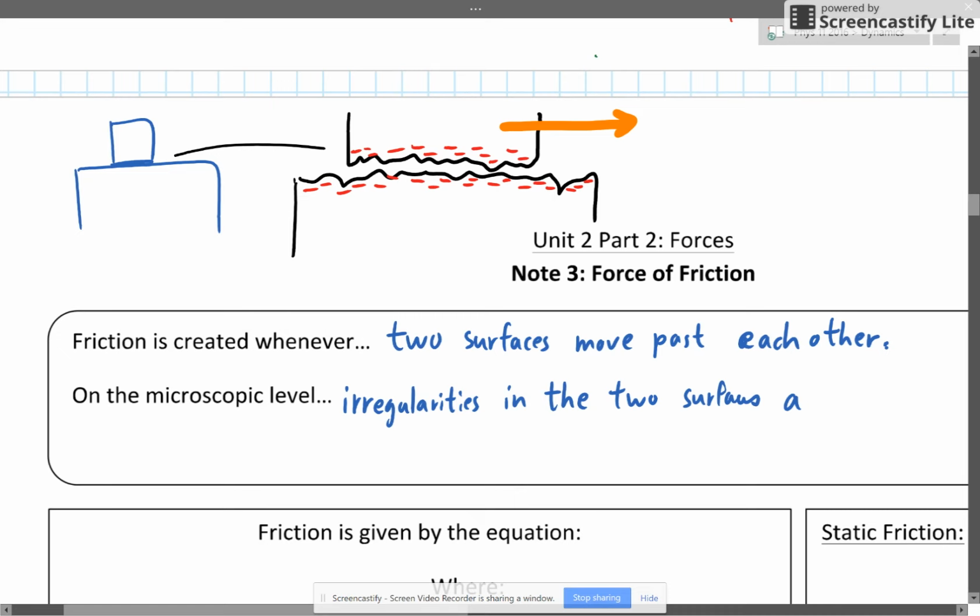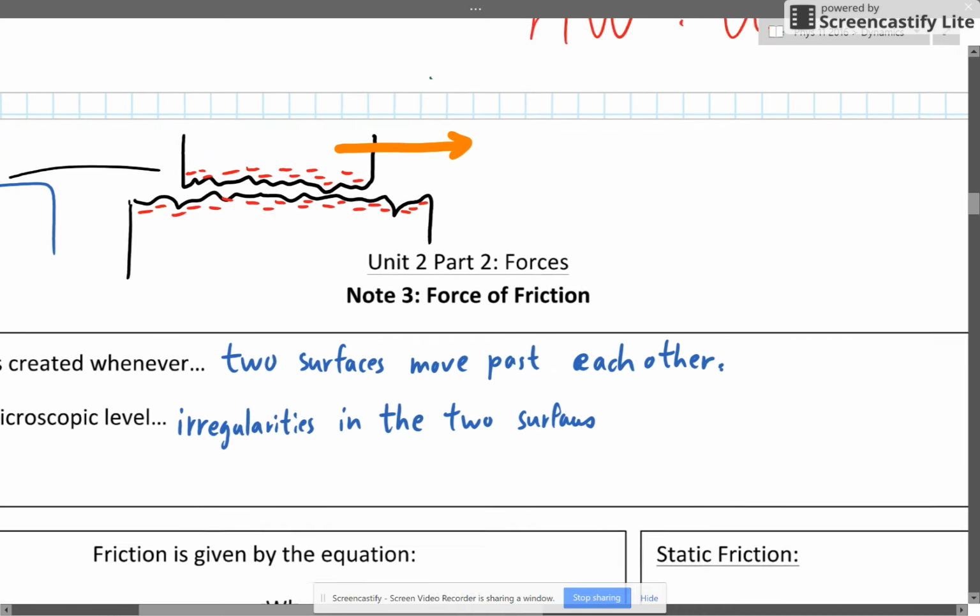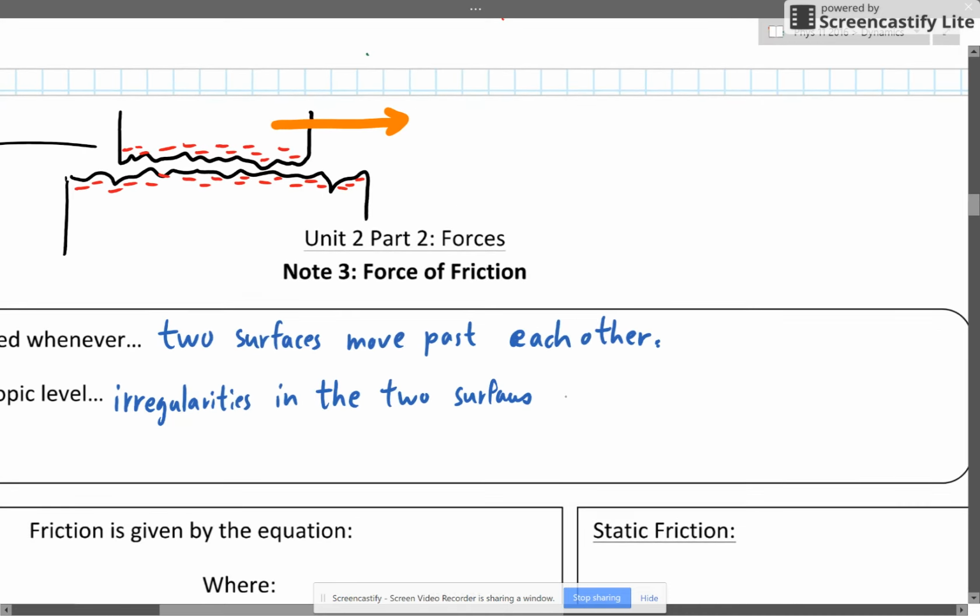So because you have these irregularities, they will catch on to each other, and in turn provide a frictional force to slow you down.